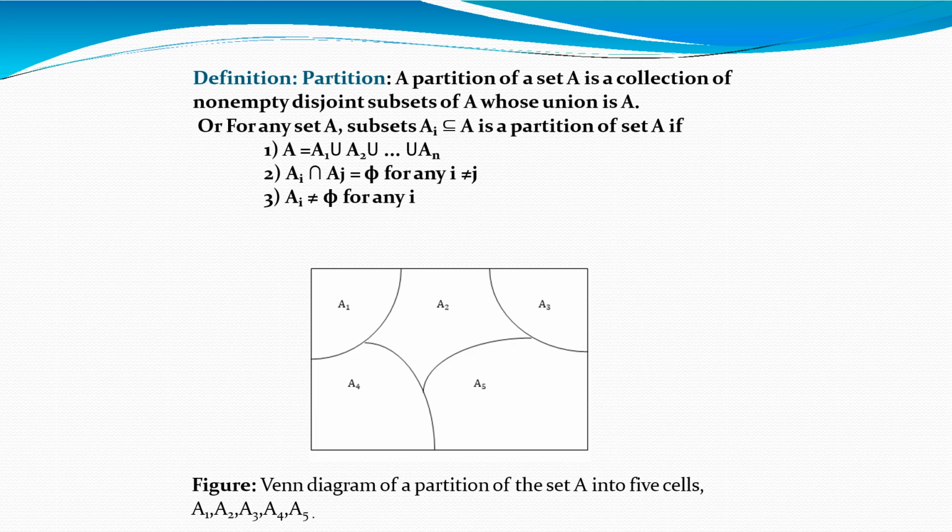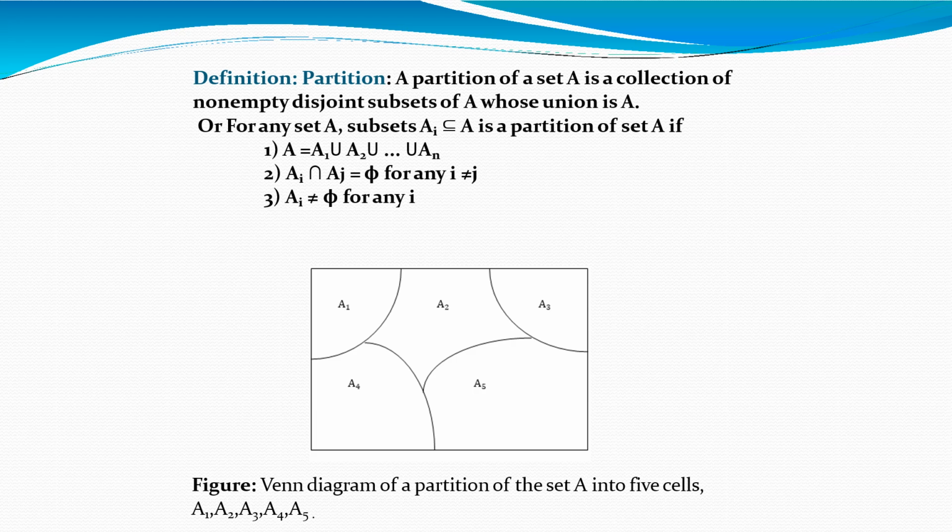Now see what is the meaning of partition. So partition is nothing but actually division into parts. Now in mathematics, see what is the meaning of partition of a set. A partition of a set A is a collection of non-empty disjoint subsets of A whose union is A. Or for any set A, subsets AI of A form a partition of set A if, first, A is equal to A1 union A2 union up to AN.